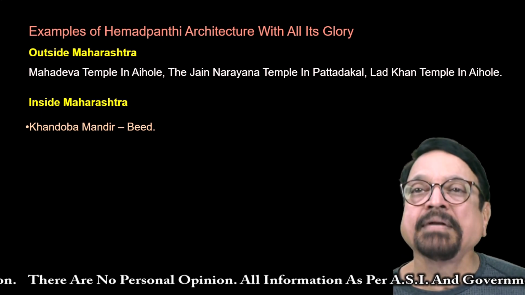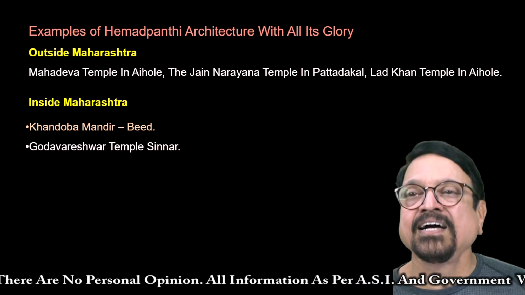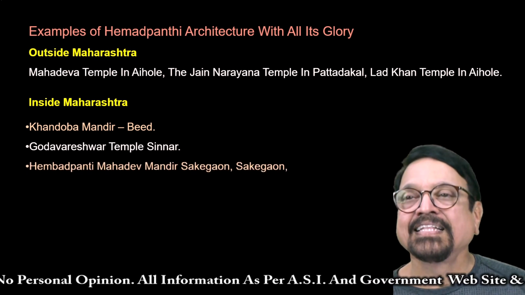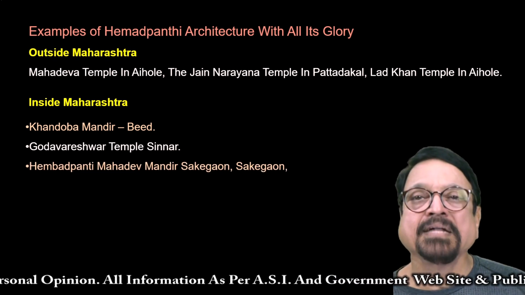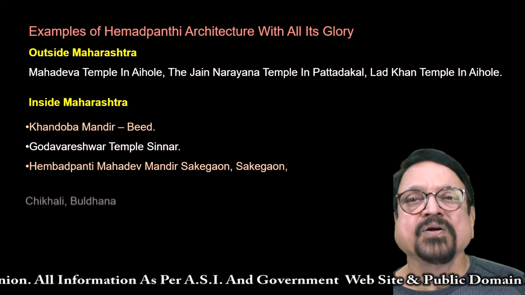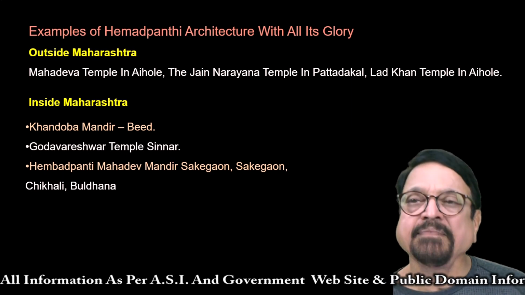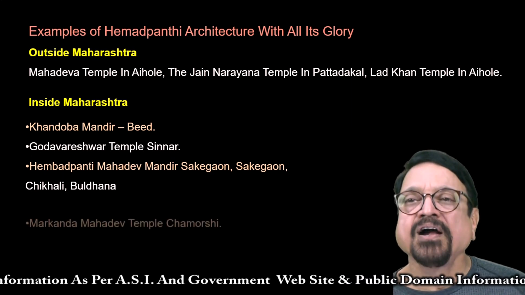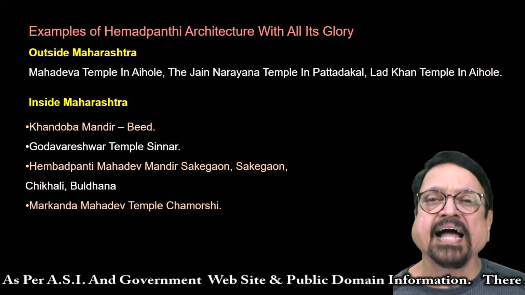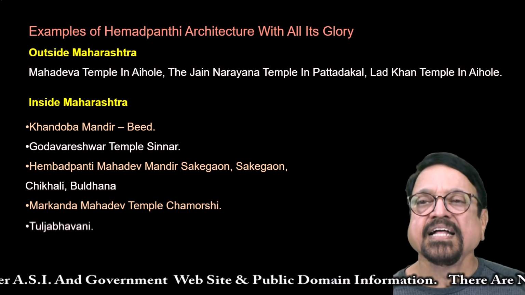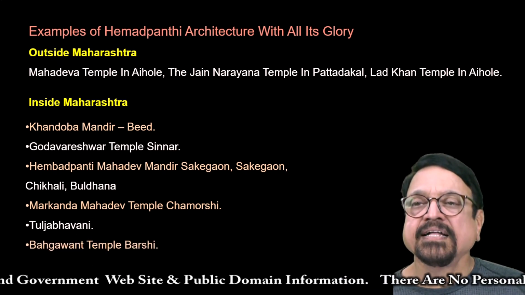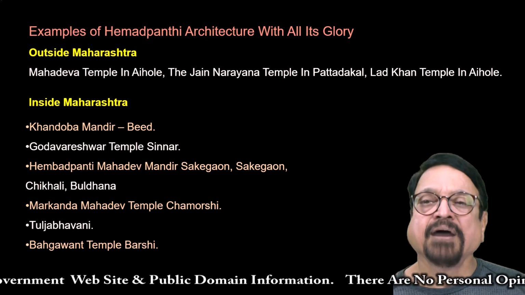Now, what are the temples inside Maharashtra? Khandoba Mandir, Beed, then Godavareshwar temple, Sinnar, again a Shiva temple, then Hemadpanthi Mahadeva Mandir, Sakegaon, then Chikali, Buldhana, then Markanda Mahadeva temple at Chamorshi, Tulja Bhavani at Tuljapur, Bhagwanta temple at Barshi.